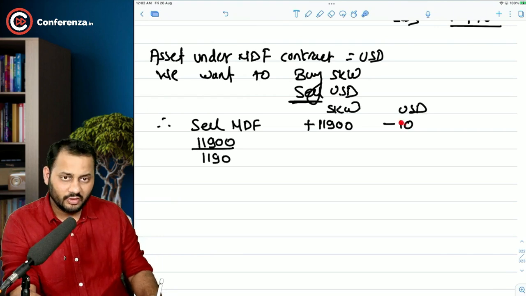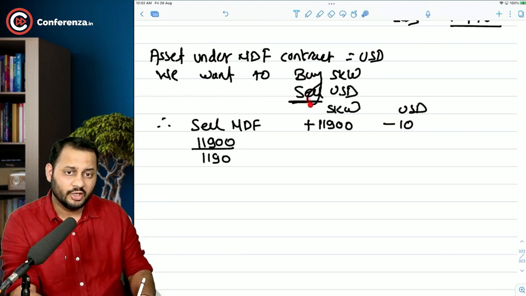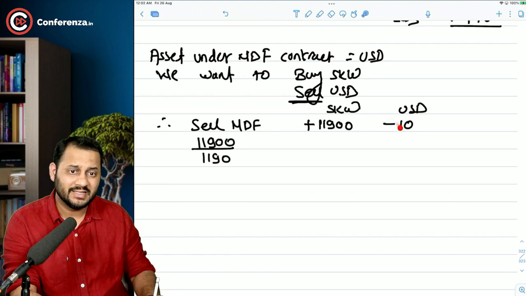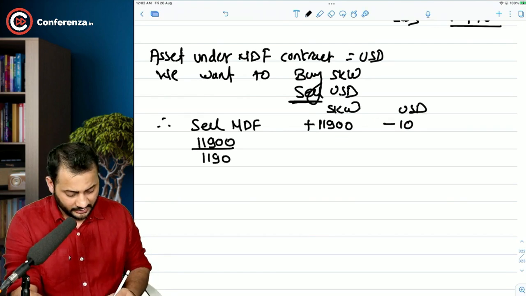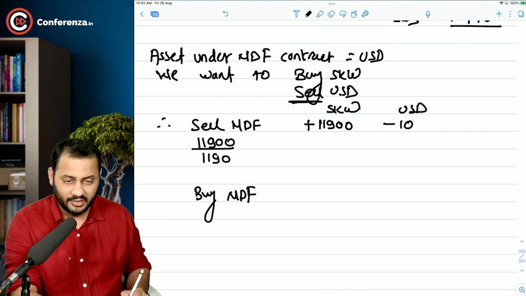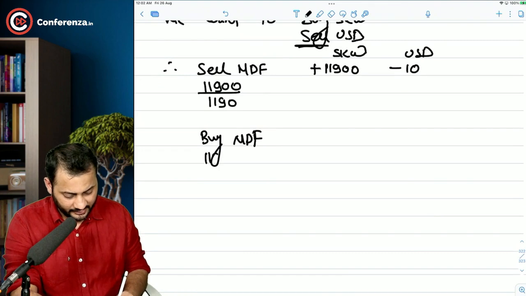You wanted to sell dollar and buy KRW. So how many KRW will you buy by selling 10 lakhs US dollar? 11,900. And on the other day you will close the NDF at the same rate, 11,900 divided by 1185.